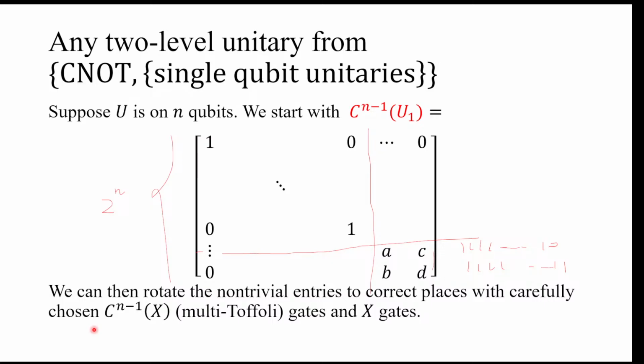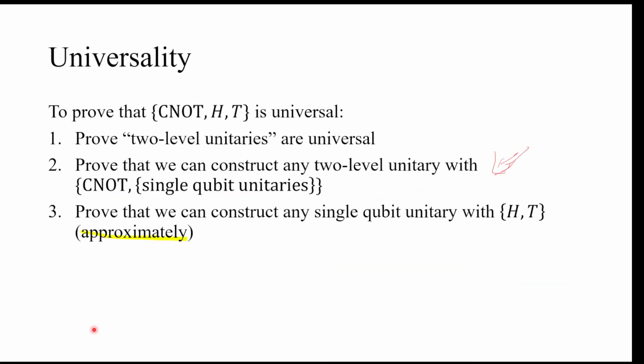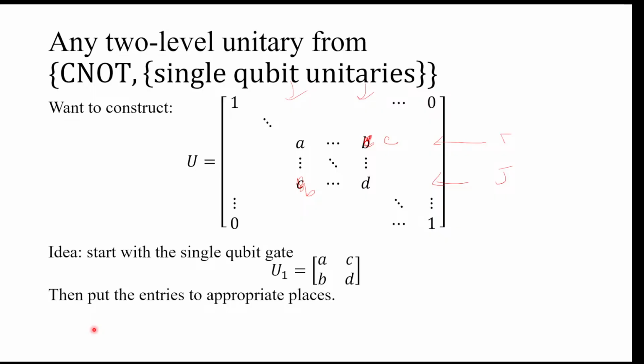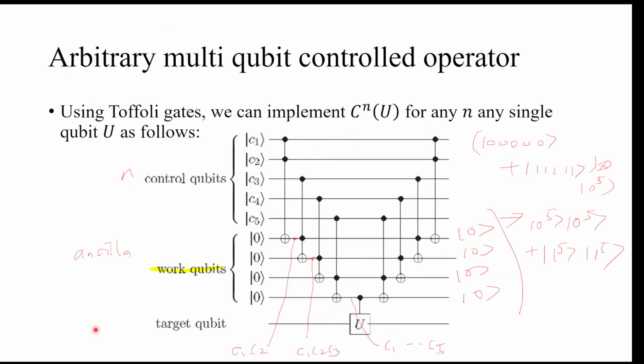And here, although we use things very little, we use all the decompositions here. So we use this result to show that we can do arbitrary many-qubit controlled unitaries, and in particular, any arbitrary many-qubit controlled Toffoli, arbitrary many-qubit controlled X. Yeah.